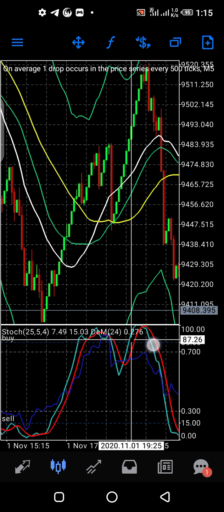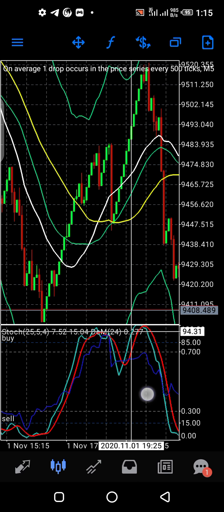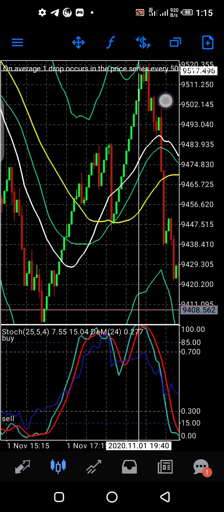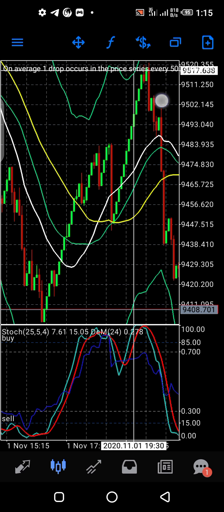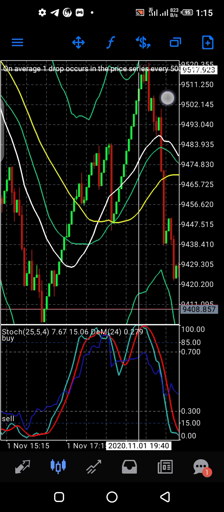You can see here, as it crosses it, it started forming a parabolic curve. At that point you will see it touching the upper Bollinger Band. At this point, you should know that spikes want to start falling now.